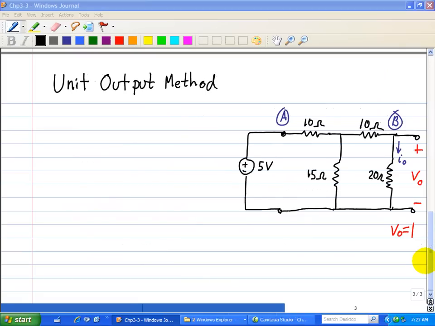I'll next describe the unit output method. In this case, the unit output method is an analytical technique based on the proportionality property of linear circuits.